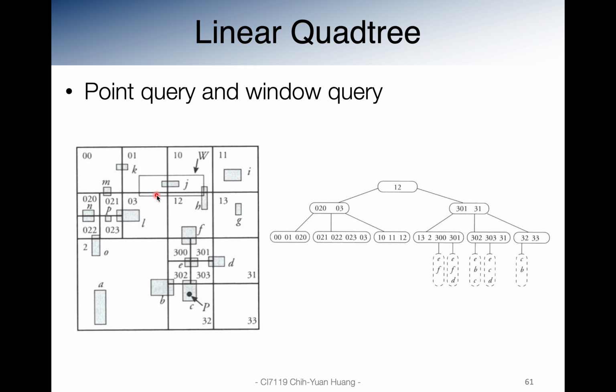Even though the space filling curve is not perfect, by using it we can achieve a balanced tree with the linear quadtree. So the performance of the linear quadtree is usually still better than the traditional quadtree.